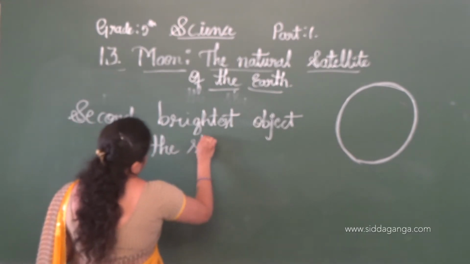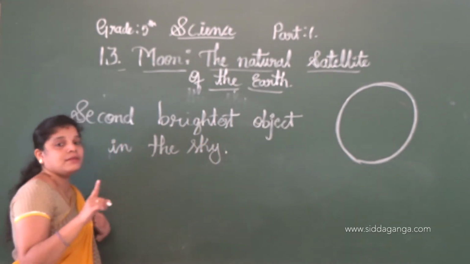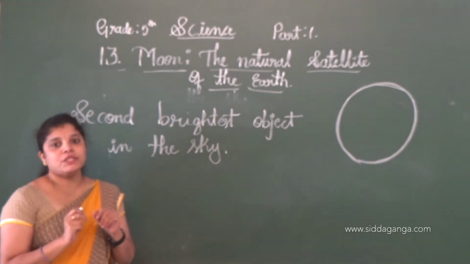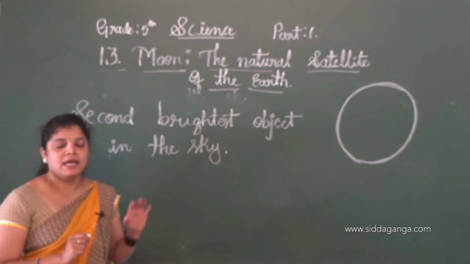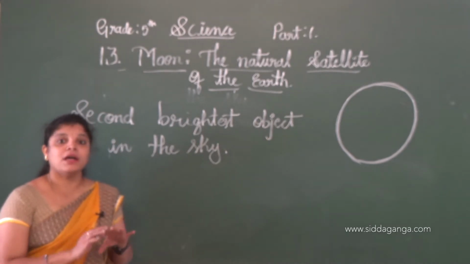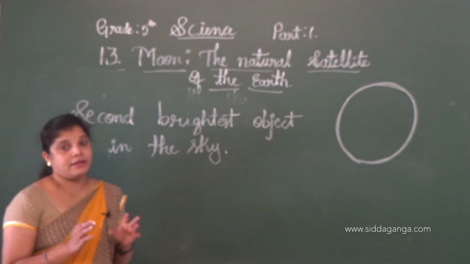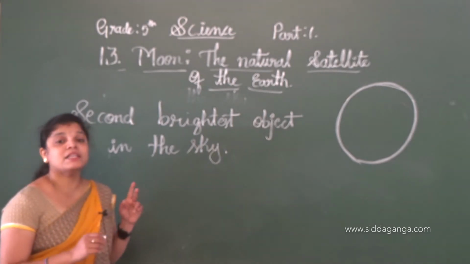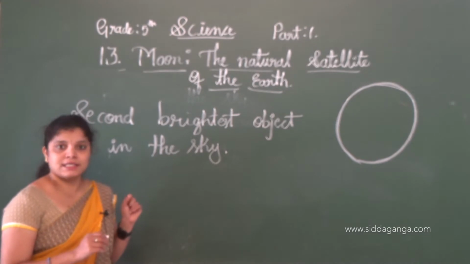But in the night sky, this moon is one of the brightest objects in the sky, isn't it? Yes, when we look at night, this is the brightest. But when we compare to the sun, this is the second brightest object in the sky.